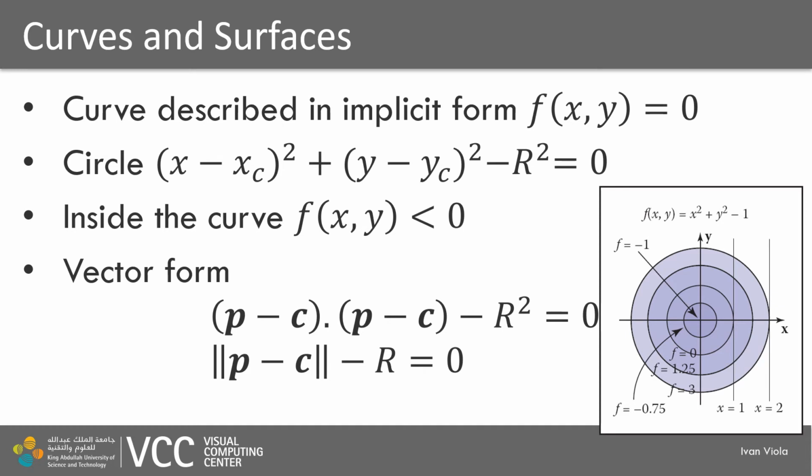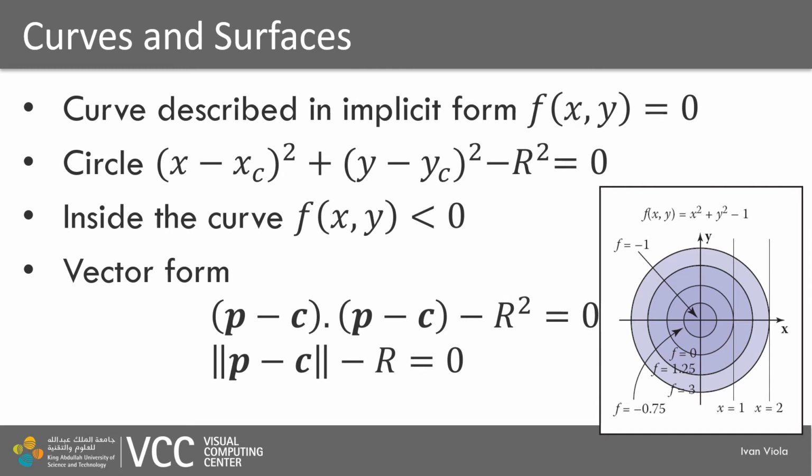Let's start a discussion on curves and surfaces. We can define curves in various forms, for example, in parametric form, but also in a very practical form, which is called an implicit form. We probably remember how we can define a circle.